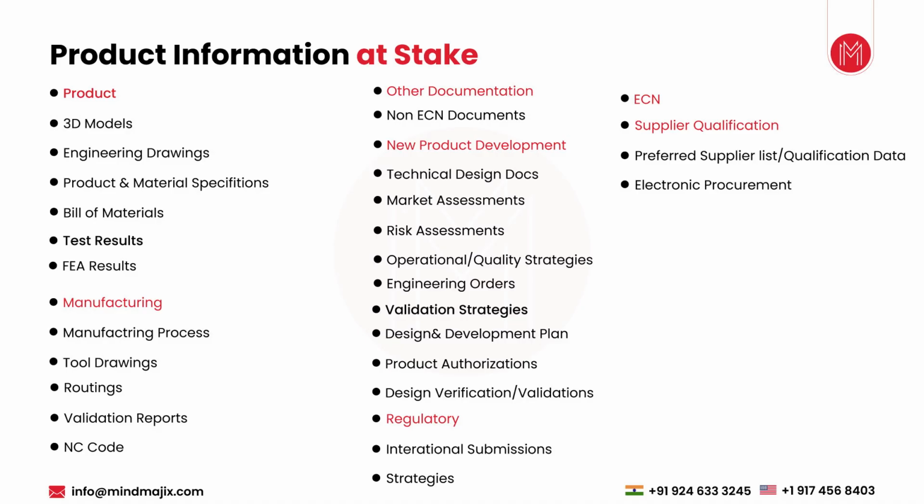Then the ECN data and the supplier qualification data. Likewise, we manage the manufacturer data and the supplier information as well: which suppliers are prepared or qualified, their electronic procurement, and so on.